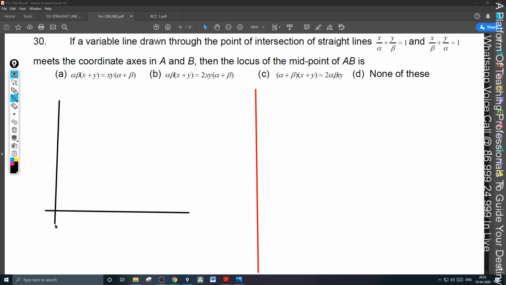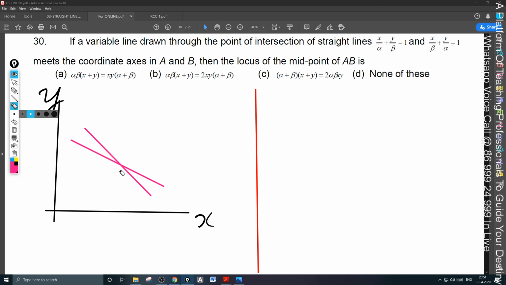This is y-axis. Now, there are two lines given. This is one line. And let me say this is another line. These are the two lines.